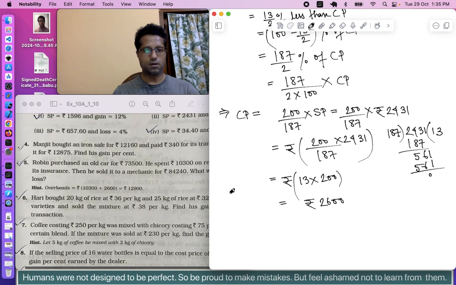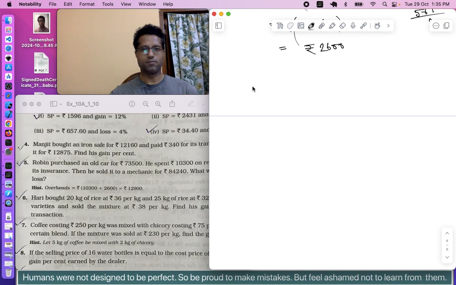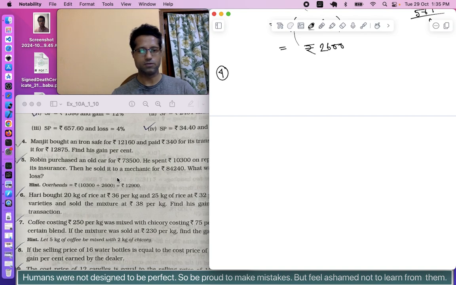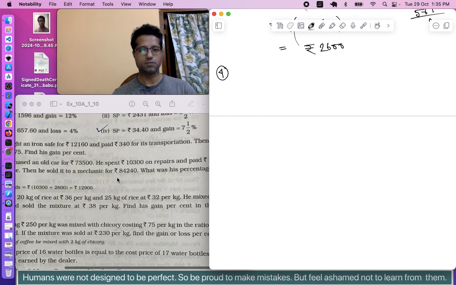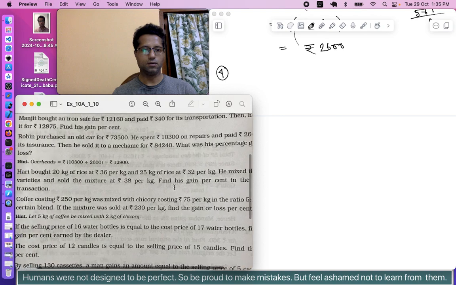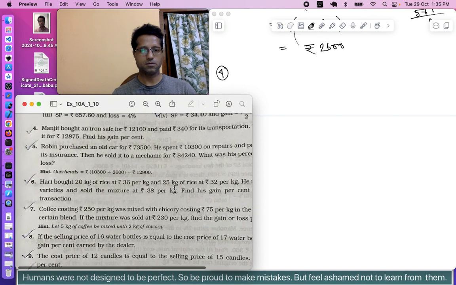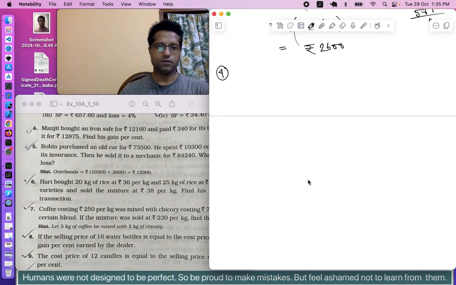Let's do problem number 4 now. From problem number 4, all the problems are of this type. Manjit bought an iron safe for rupees 12,160 and paid rupees 340 for its transportation. Then he sold it for rupees 12,875. Find his gain percent. So what is given?